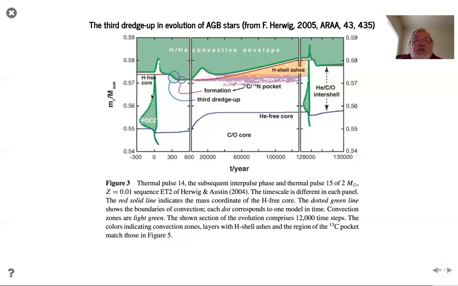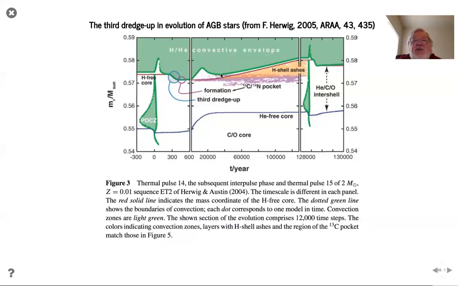Immediately after a helium shell flash, the bottom of the convective envelope penetrates into the region previously occupied by the helium shell, and it injects protons here. Injection of protons can occur through, for instance, mixing by internal gravity waves or by some other mixing processes.